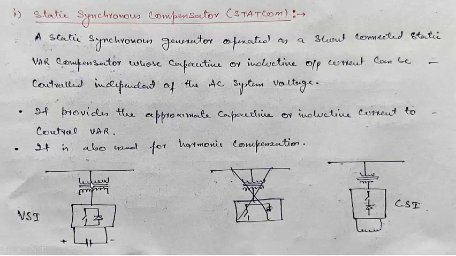What it actually does is provide the current, because that is all inherent to the control of the switches. So it controls the switches in such a way that if it has to draw capacitive current, it will see the voltage and draw the current in such a way that the current is leading the voltage by 90 degrees.